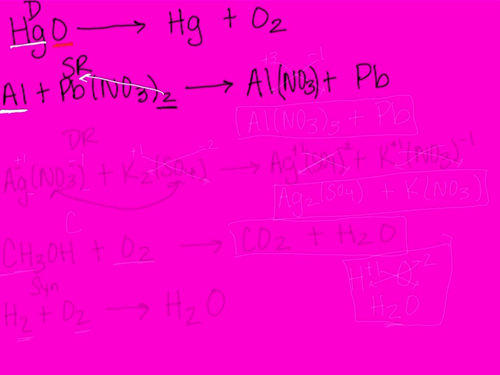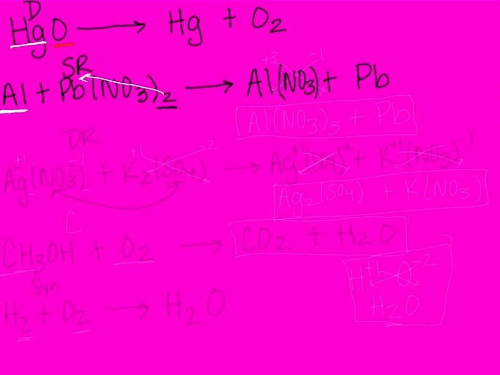Now that NO3 is no longer paired with Pb, I don't need that 2. But to finish off my actual product, I have to follow the rules for when a metal and a non-metal are paired together, which is an ionic bond. I have to finish the rules of what it means to have an ionic bond. So now I have to swap and drop.